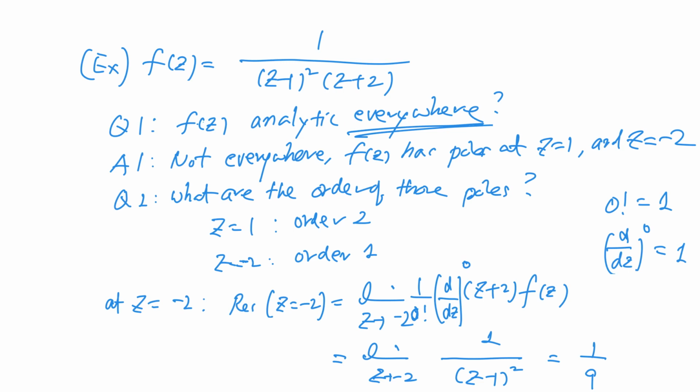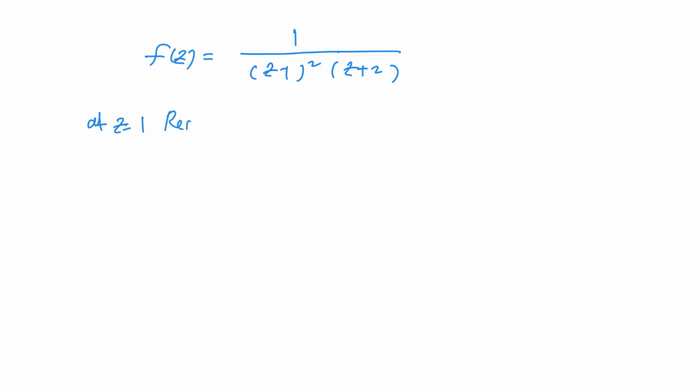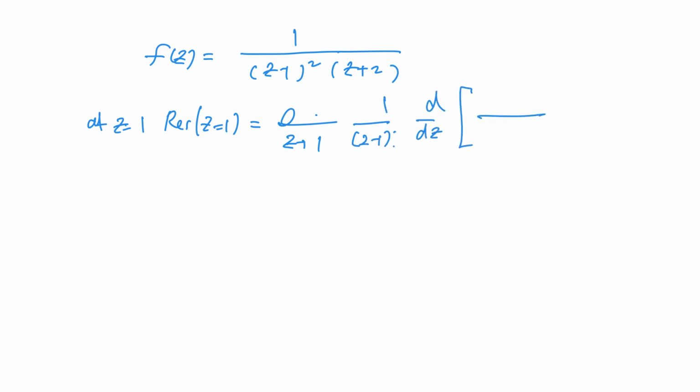So now the residue of f(z) at z equal to 1: you take the limit as z goes to 1, divide by 2 minus 1 factorial, d/dz of (z plus 2) to the minus 1, right?